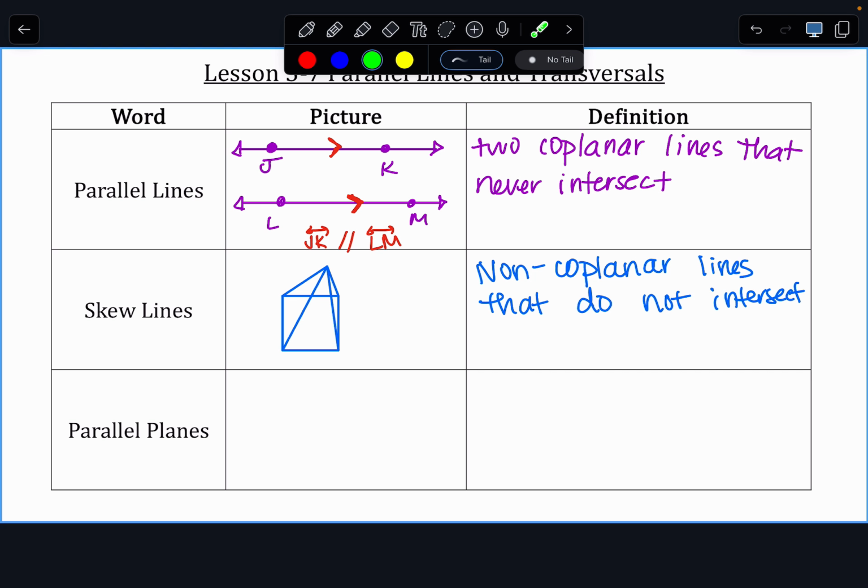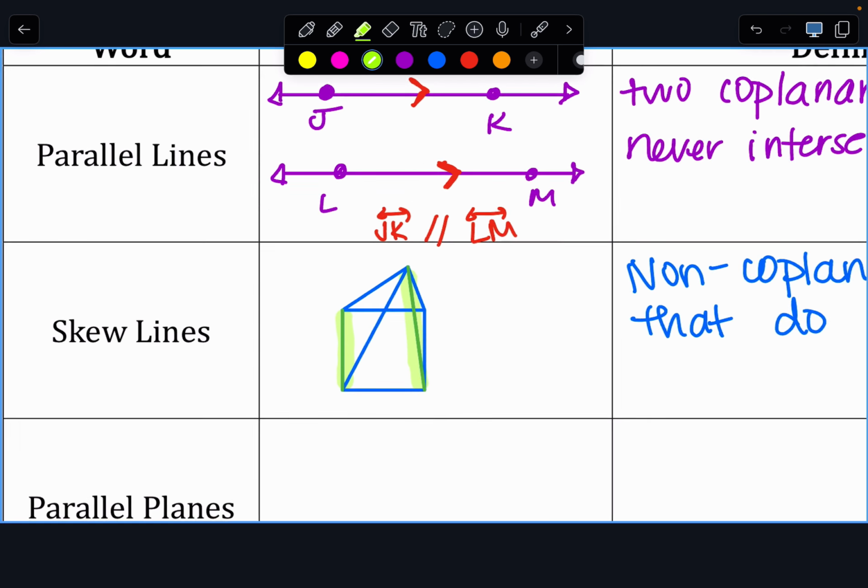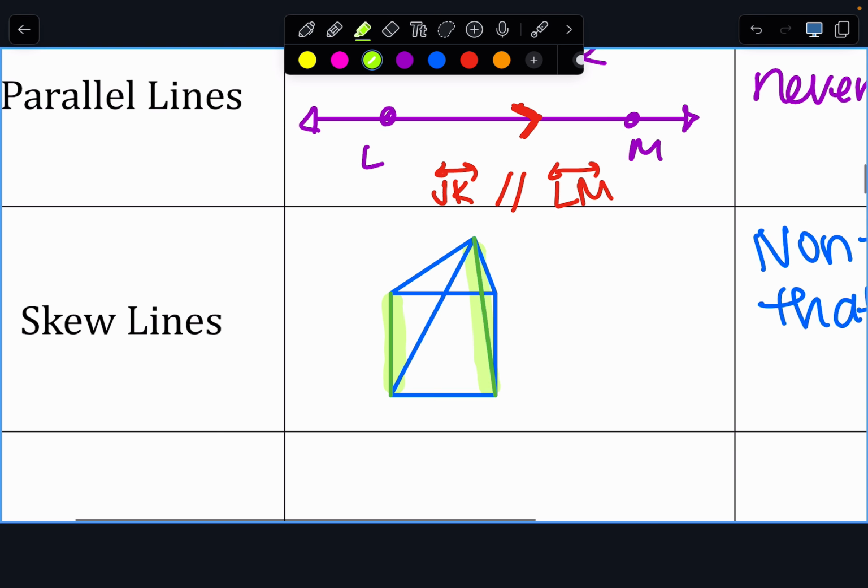And I'm going to highlight two skew lines. So like this line and this line would be skew. Okay, this line and this line would be skew. That just looks weird. This isn't going well for me.